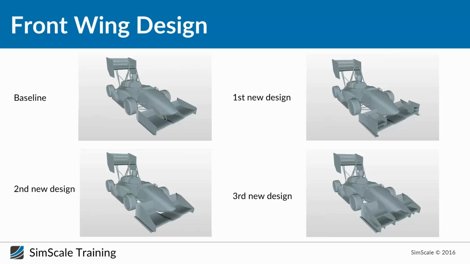So for today we have decided to design a study for the front wing. Based on the previous front wing that we had, maybe you have already simulated this front wing, we have decided to create 3 more different designs, and our main target was to increase the downforce as much as possible, because I believe that in Formula Student the speed is not so high, so drag is not that important, mainly because there are a lot of curves in the track.